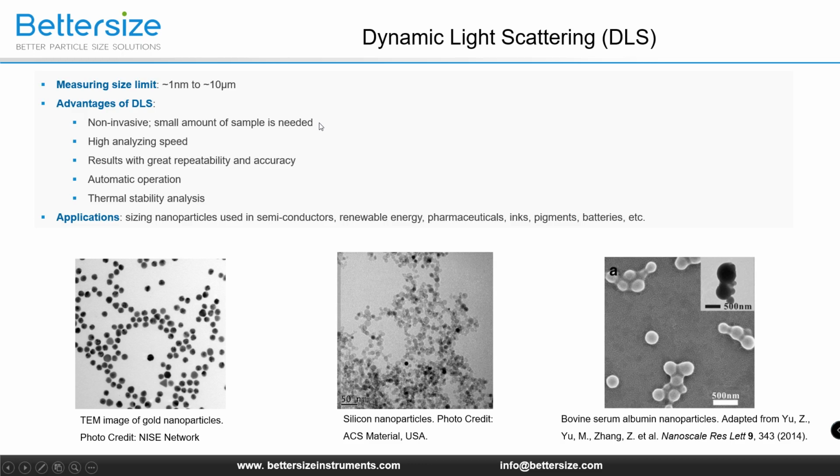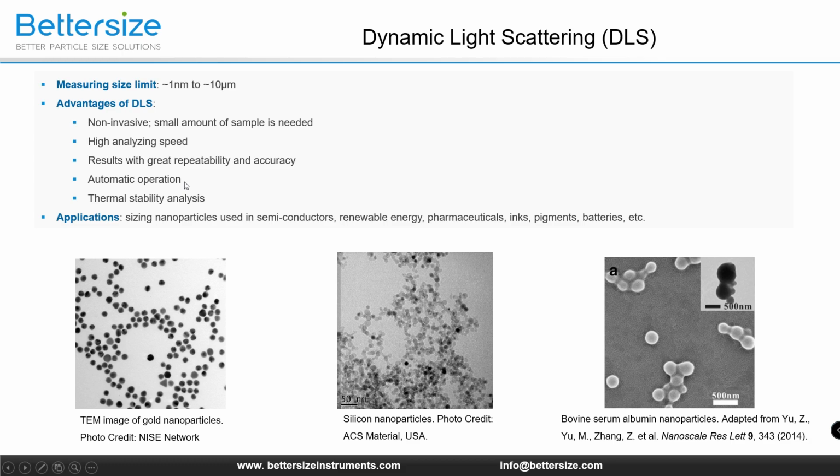A small amount of sample is sufficient for diluted solution preparation. With the DLS method, results with great repeatability and accuracy can be obtained within a few minutes. The testing process is nearly all automatic, minimizing operation errors from different operators.